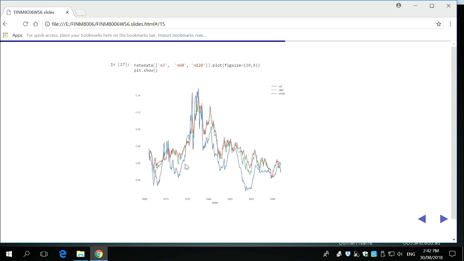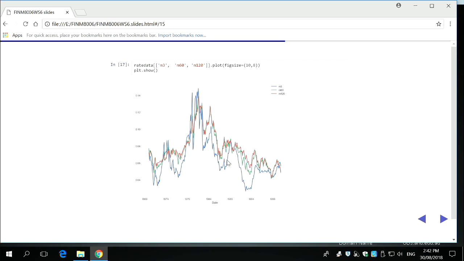Most of the time, the blue line is below the red line, but sometimes the blue line actually is close or even higher than the red line. The second thing to observe is these three curves, which is like 3 months, that's 5 year, that's 10 year.